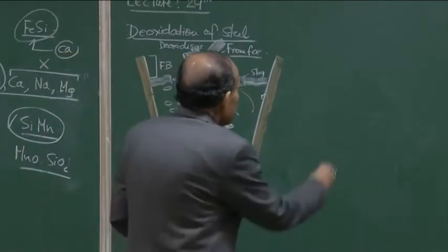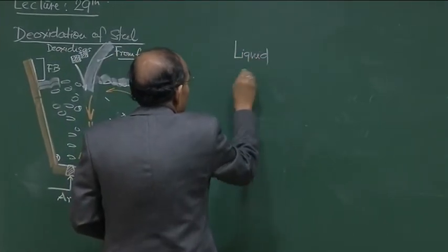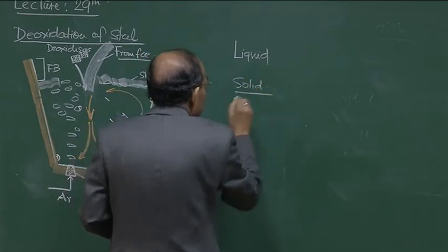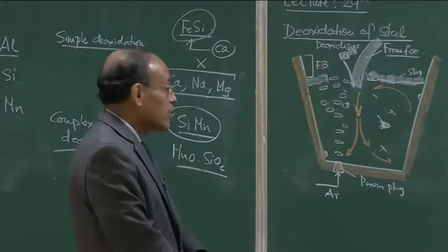So as we have seen, the deoxidation product could be liquid and the deoxidation product could be solid. These products, as they are nucleated everywhere in the system, can remain entrapped and can remain in steel.